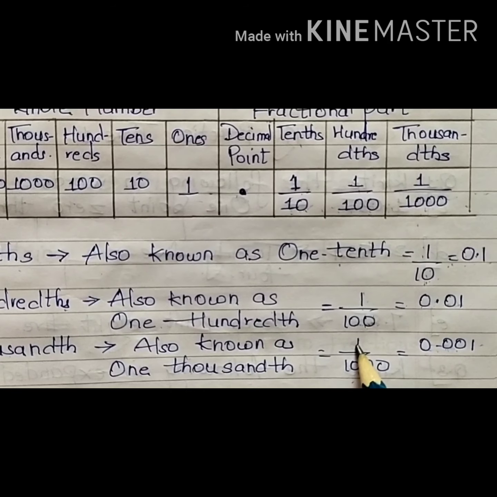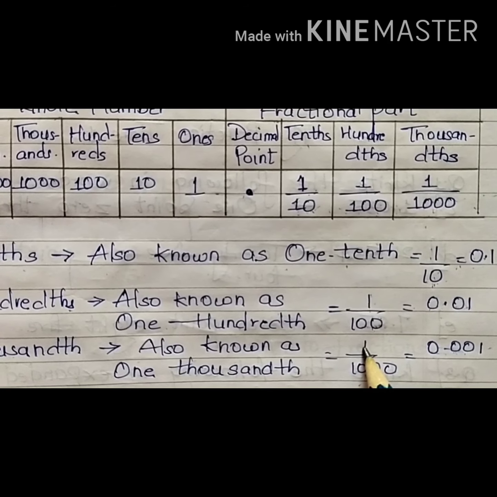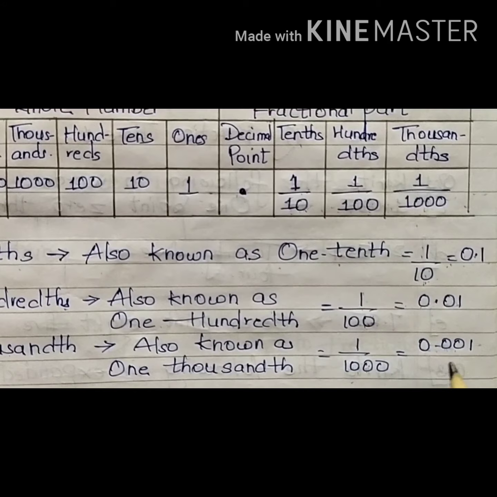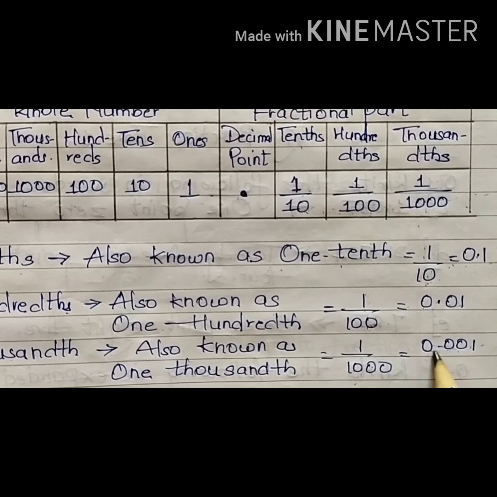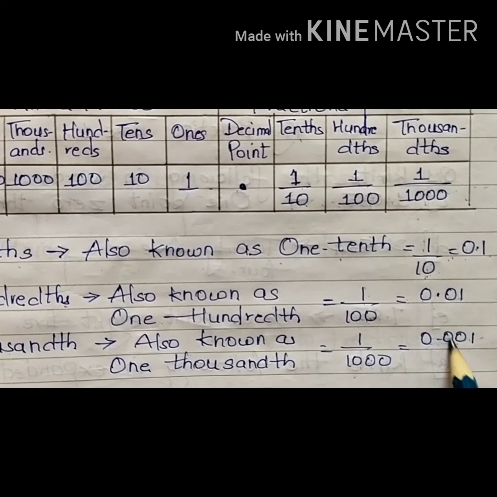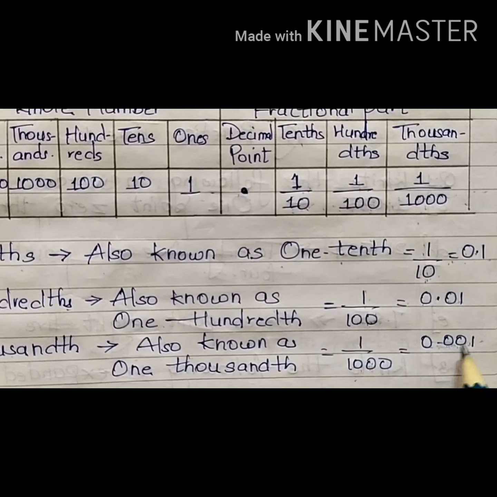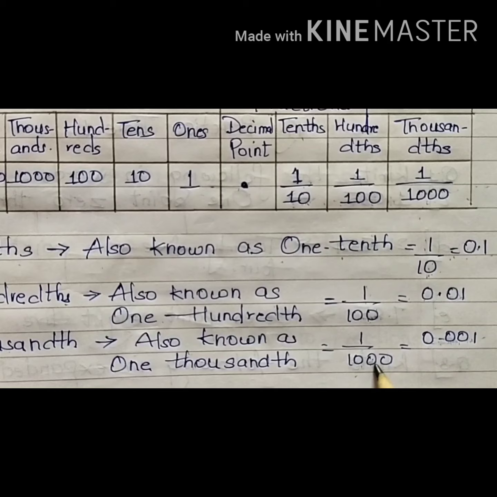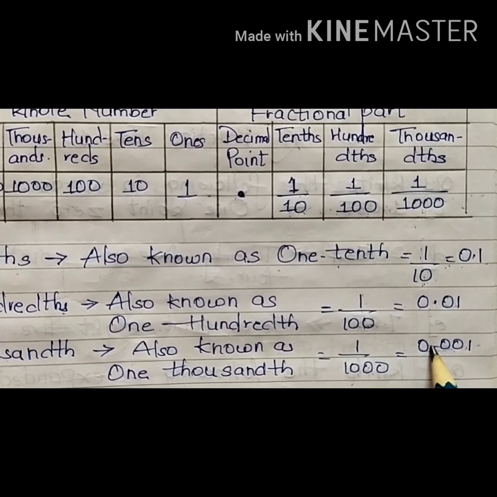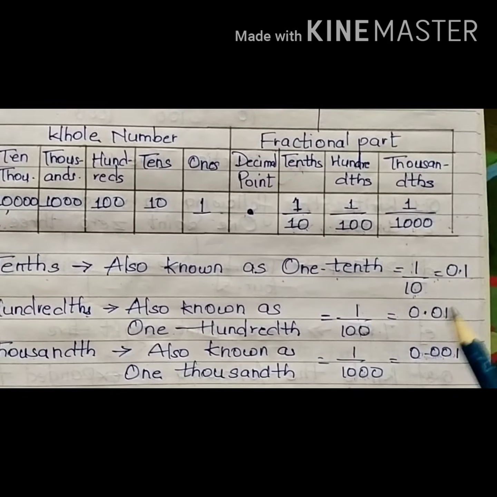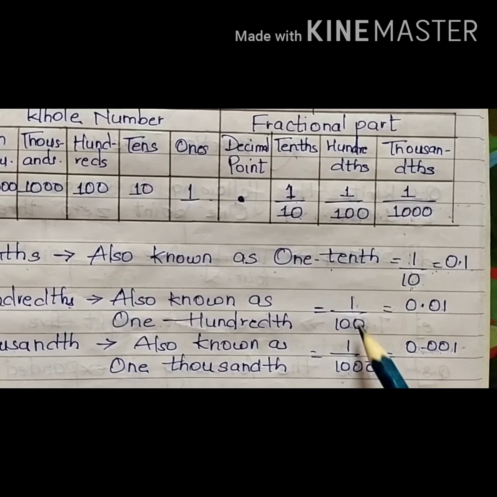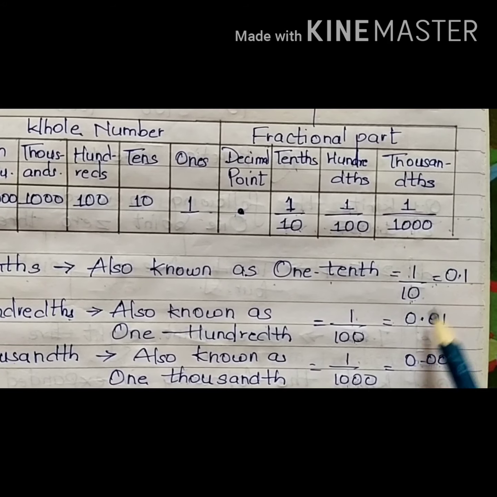But my numerator has only 1 digit. So to make it sufficient, I add 2 more zeros in front of it. So now it is sufficient. I need to give the decimal point after 3 digits as I have 3 zeros. So I give the decimal point and it becomes 0.001. This is how 1 upon 10, 1 upon 100 and 1 upon 1000 are written in the decimal form.